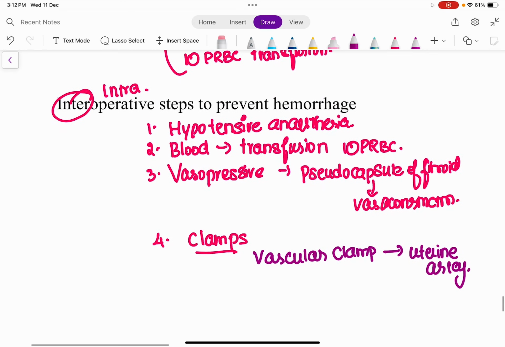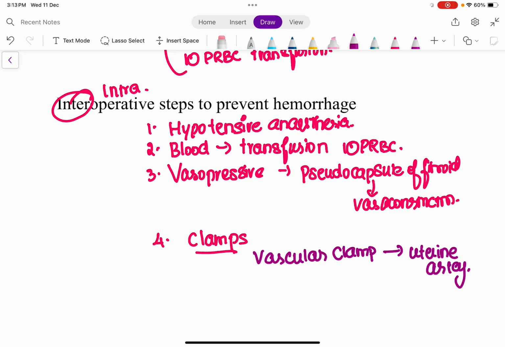Clear? Yes. So we have discussed the intraoperative steps, where hypotensive anesthesia can be given to the patient, which will prevent the massive hemorrhage, and you can give a transfusion of 1 unit of packed red blood cells, which will prevent the amount of hemorrhage from the patient. And also you can inject some vasopressor drugs inside the pseudocapsule of the fibroid, which will decrease the amount of blood supply.